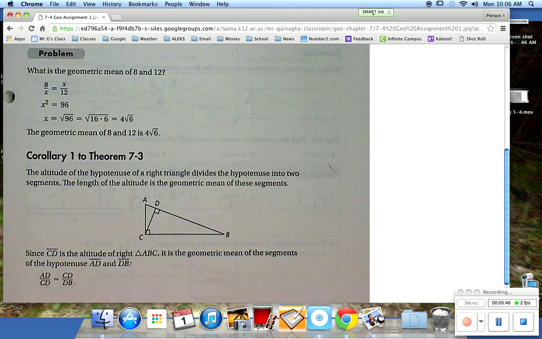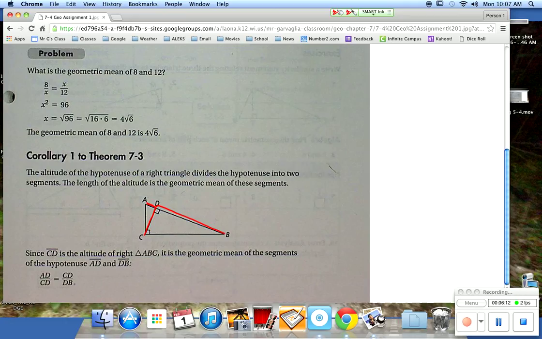So what it's saying here now is the length AD, what I called X, is to CD this mean. Okay? The same as CD, this length, is to DB. So it's a proportion.